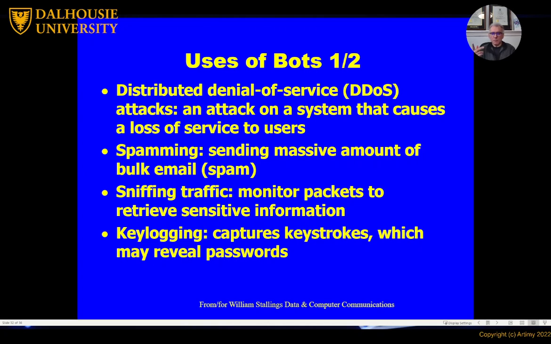Keyloggers, we have seen them as one of the examples of malicious software, but keyloggers are software that tries to monitor the keyboard. Every time you type on the keyboard, it collects the keystrokes.